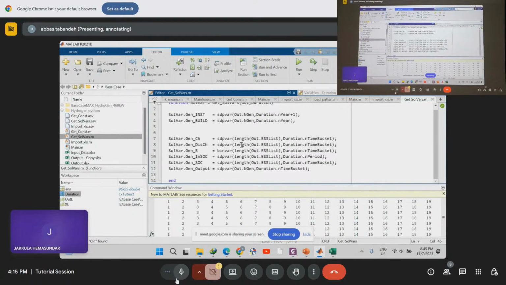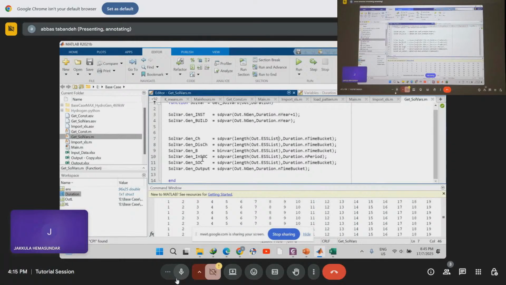And we need to calculate, for example, the initial SOC. Sometimes in problems, in order to prevent the complexity of the problem, we give them the initial value.